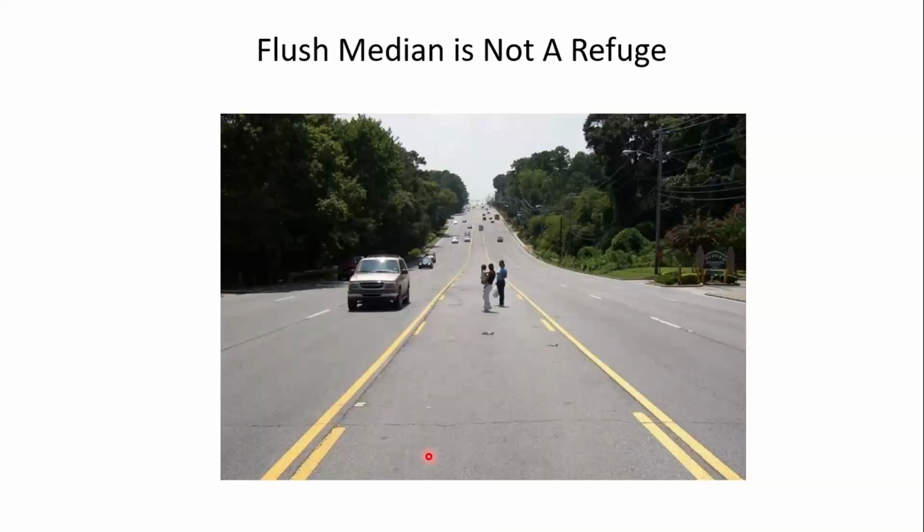A flush median is not a refuge. I'm not sure how safe this family feels standing in the median there, or the two-way left turn lane, but that's certainly, in my mind, not a refuge area. And there are every year significant numbers of serious pedestrian incidents where pedestrians are in exactly this situation.